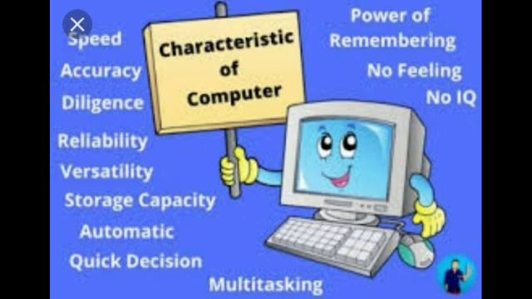Computer have memory, means a memory chip is present inside the computer which can store a lot of data or information. They can keep words, pictures and sounds in their memory and give you the information within a fraction of a second when you need it.